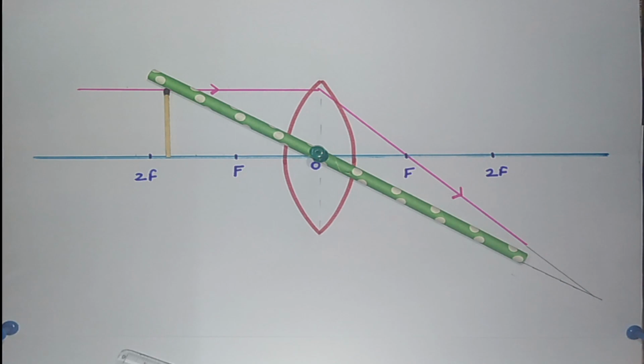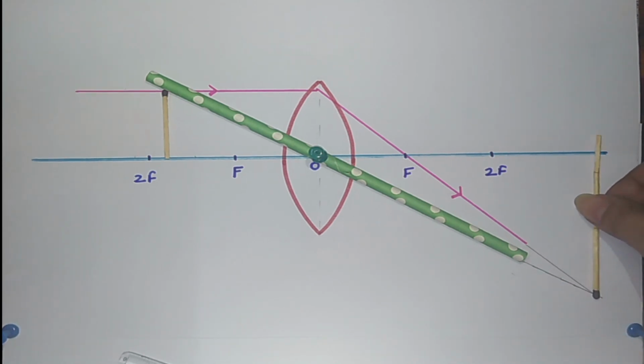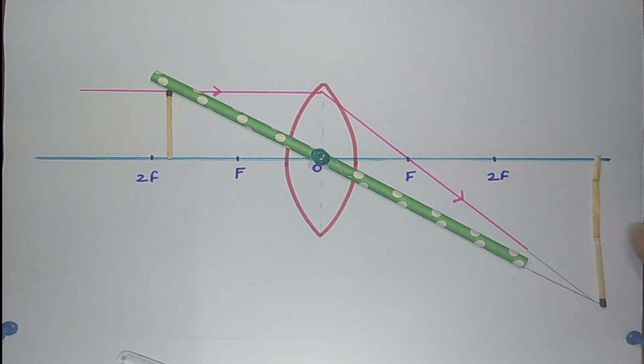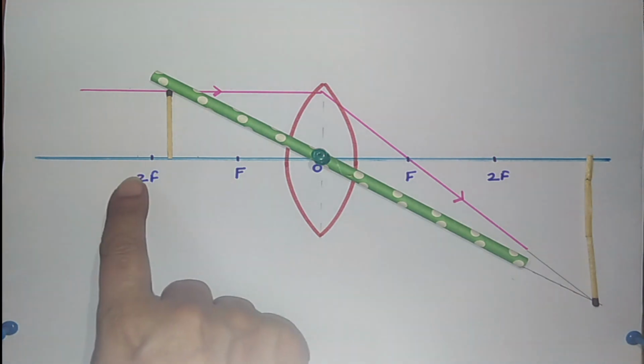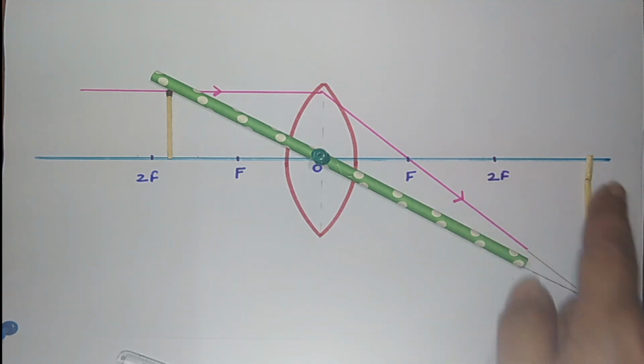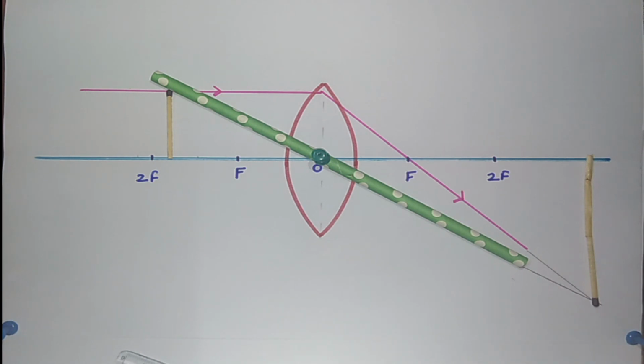So I can simply place this here. Now we can clearly see that the image formed is inverted, real, and enlarged or magnified. So when the object is placed between points F and 2F, the image formed is beyond 2F. It is inverted, real, and magnified.